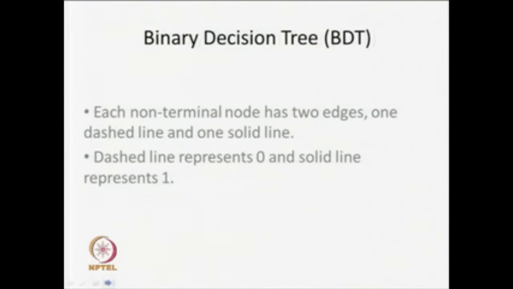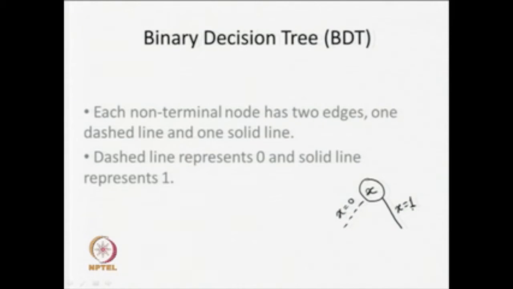Now, in BDDs or BDT, each non-terminal node has two edges. Okay. So, if this is a non-terminal node x, it is having two edges. One edge will be represented by a dashed line, and the second one will be represented by a solid line. The dashed line represents the valuation of x equal to 0, and the solid line represents the valuation of x equal to 1.